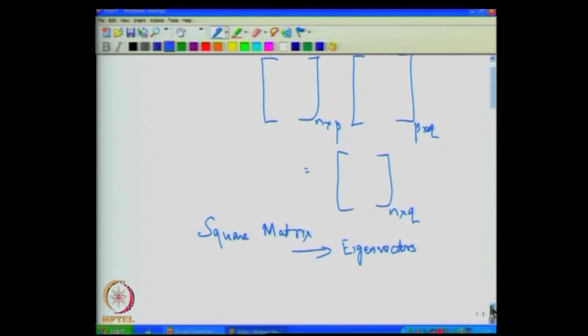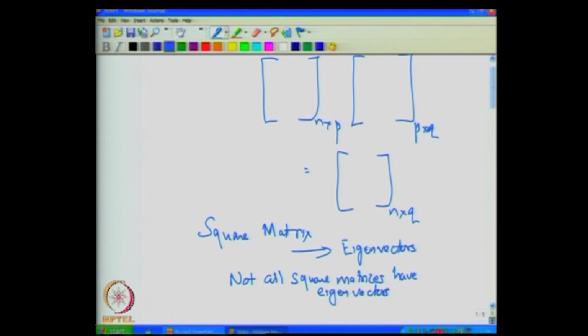So, some of the square matrices need not have eigenvectors. That is the second point, not all square matrices have eigenvectors. Now, what are these eigenvectors and how we determine etcetera, we will see presently.